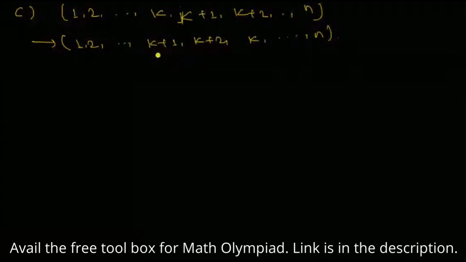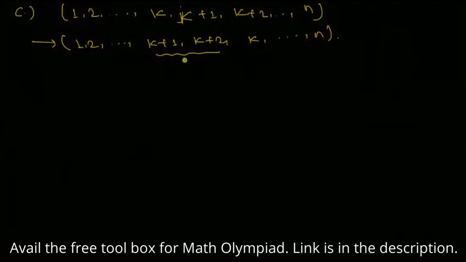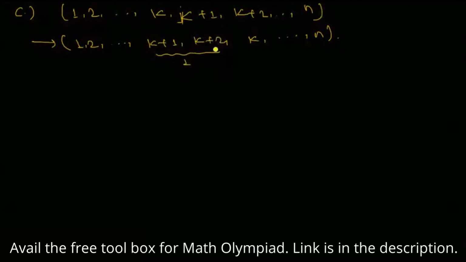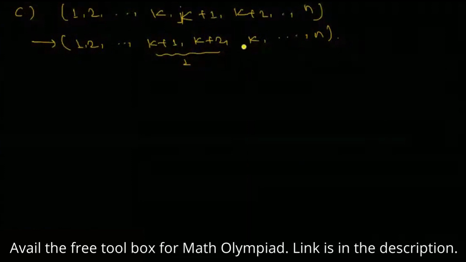So here we can see there is one inversion, right? Because k plus 1 has arrived where ak is. We can see here is k plus 1, k plus 2, and k.